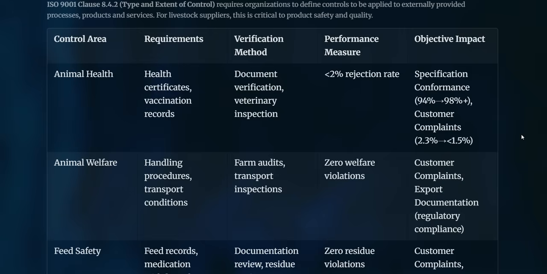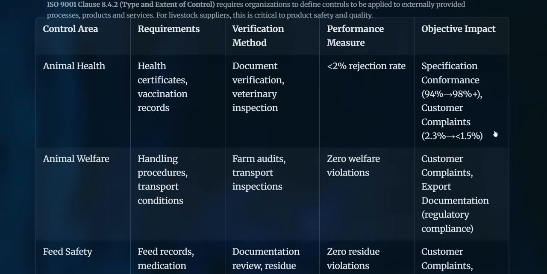Our criterion is zero welfare violation. The objective impact here is customer complaints, export documentation, and regulatory compliance, and legally we are required to control this area with zero welfare violation.